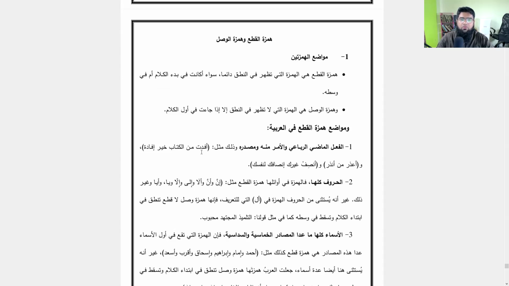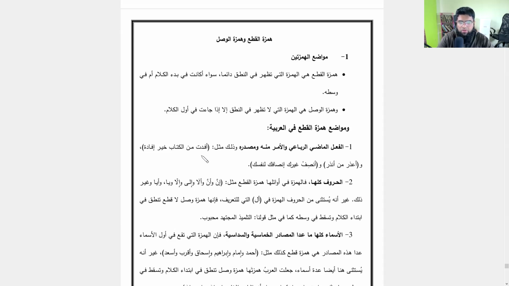Aslama yuslimu islam. وذلك مثل أفدت من الكتاب خير إفادة. And you have benefited from the book خير إفادة, a good benefit. So أفاد يفيد, this is form 4, no? So you can write here form 4. You should know the forms by now.